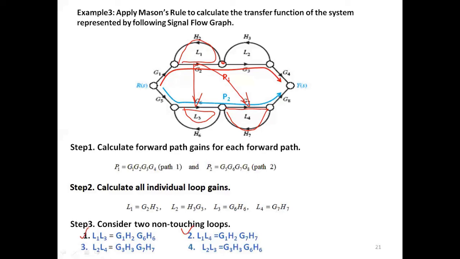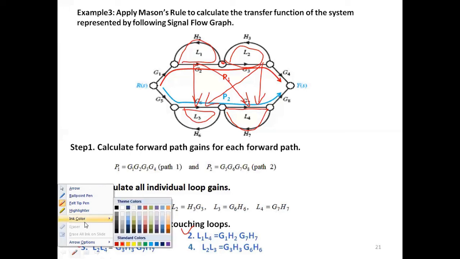Then with respect to L2, L2 and L4 are not touching each other, so I can take the combination of L2, L4, and L2 and L3 are also not touching each other, so I can take this combination also. So in total we have four combinations of two non-touching loops.